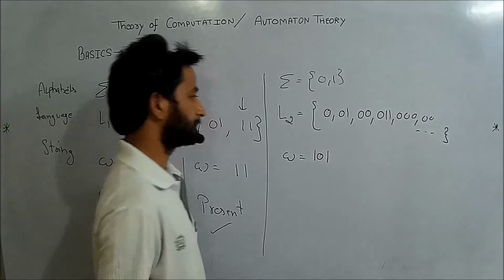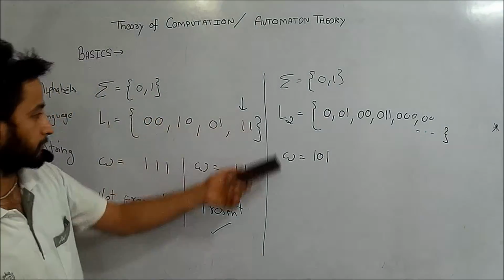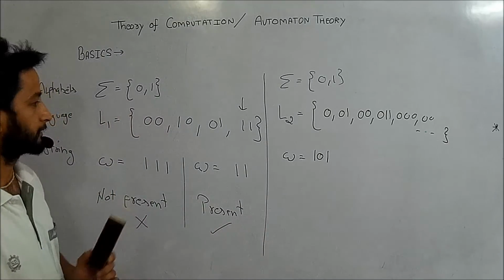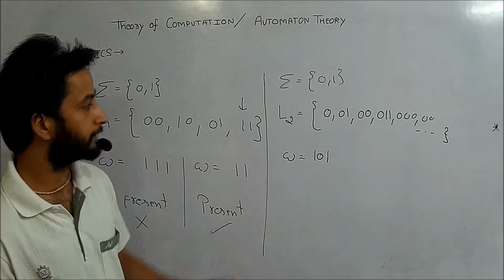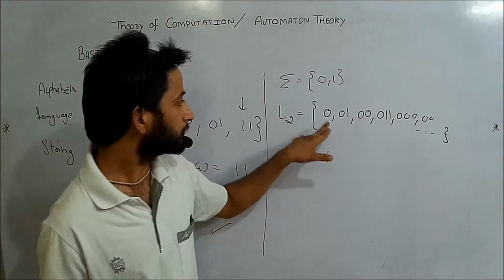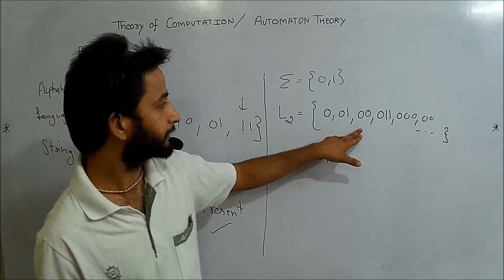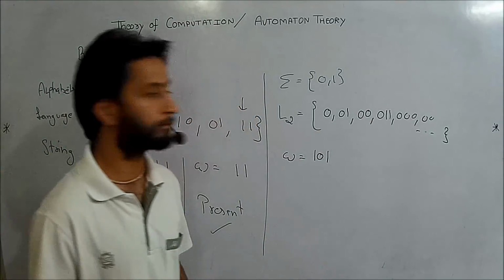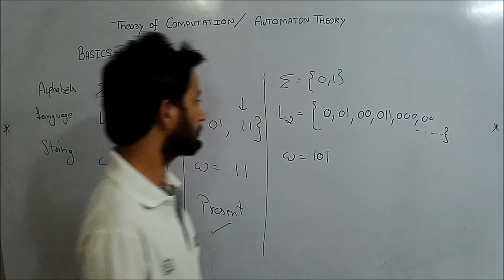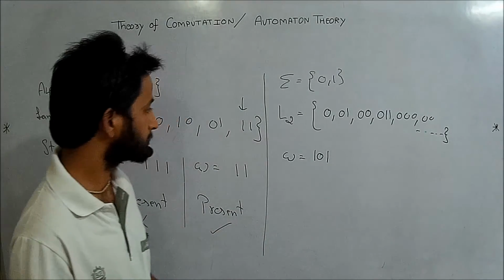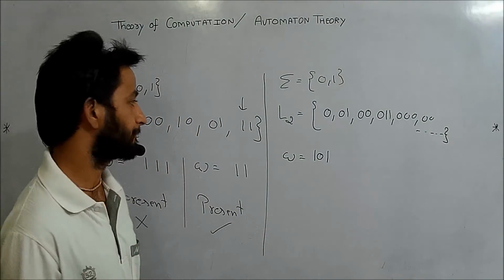And the given string is 101. In this language I will do the same as I have done before: I will take the string and check it in a linear way, comparing it with each string until I get to 101.